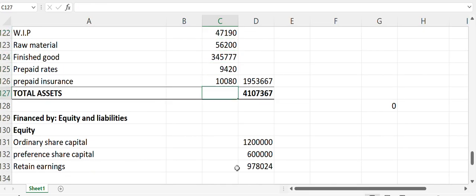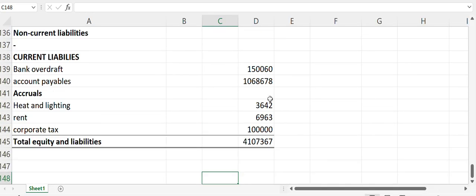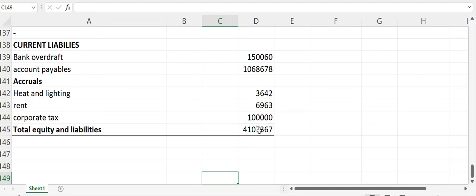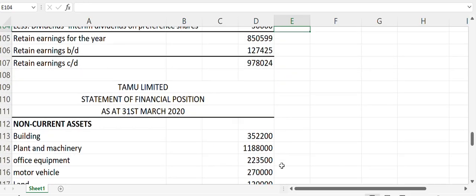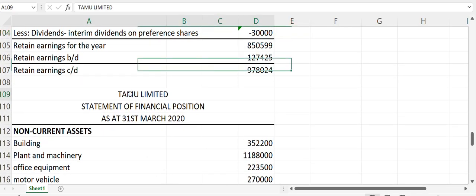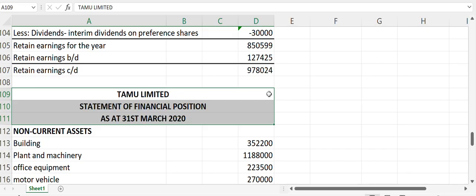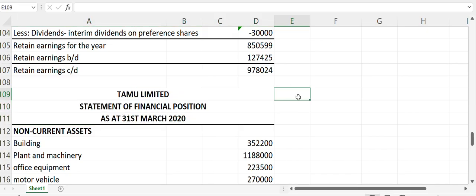Now you can see it has balanced. 4107 367, 4107 367. Now it's okay. We had left those items, so it is now okay. The figures balance. So that's how you prepare the manufacturing accounts, and I wish you all the best. Bye bye.